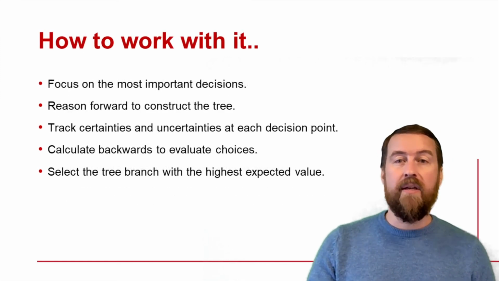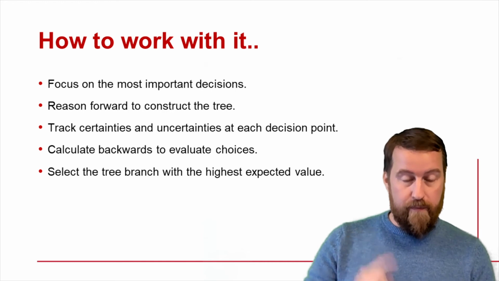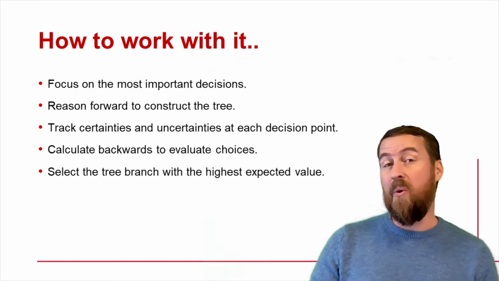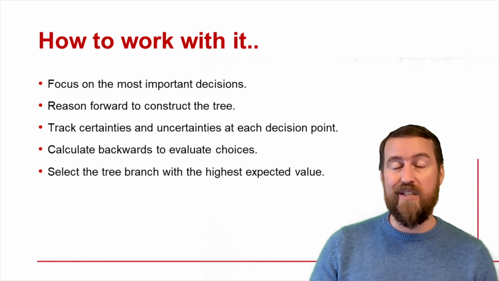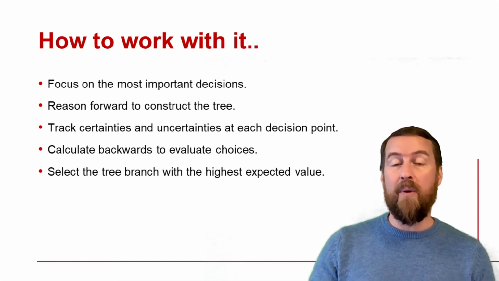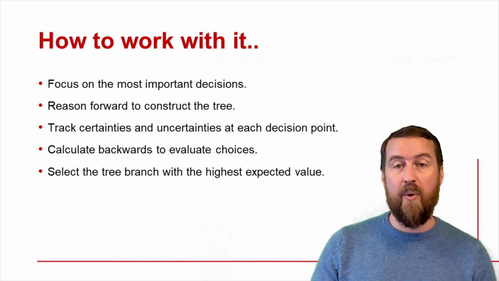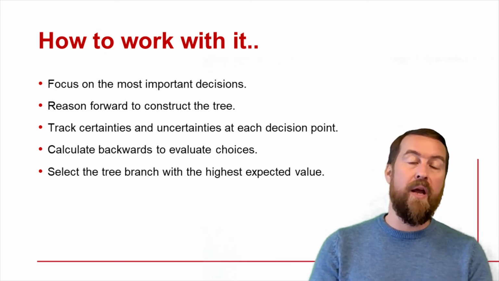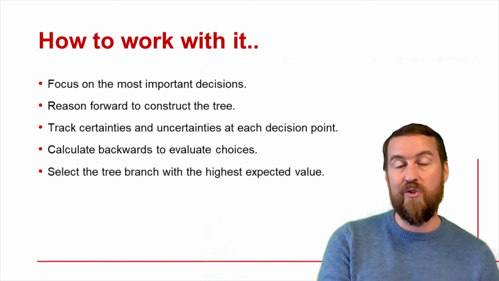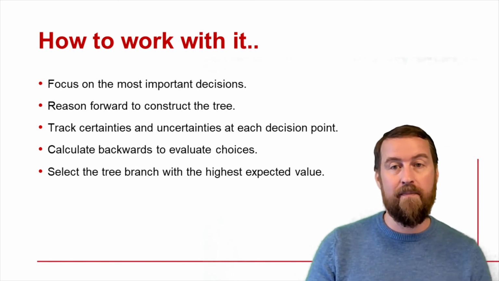How we work with it is that we focus on the most important decisions. We cannot put every single decision into a decision tree, but we should have the most important ones. We start from now and we reason our way forward in the decision tree to construct it.